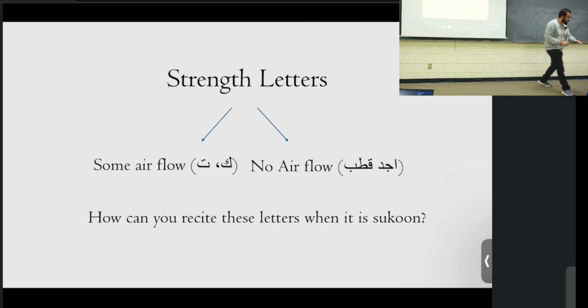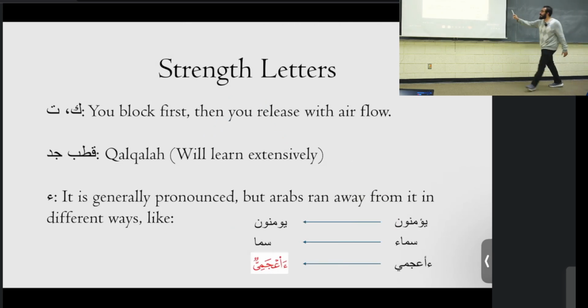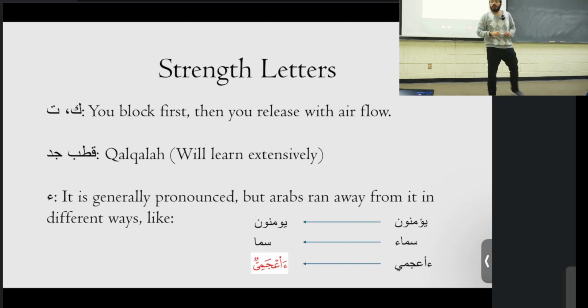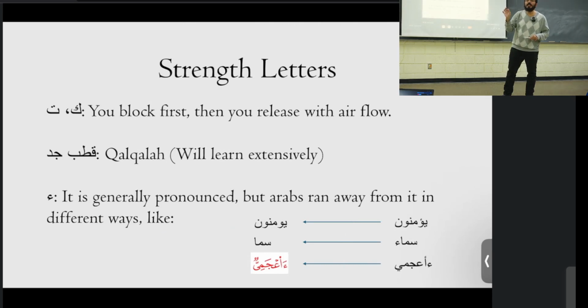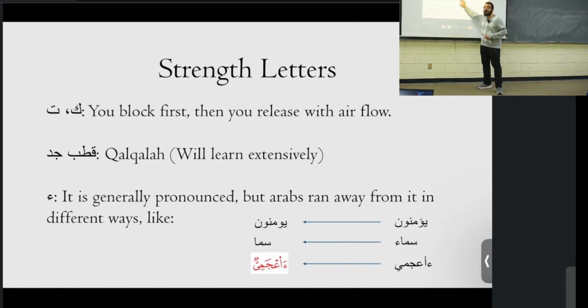Qalqala, right? Kaf and ta, you block the letter first, then you release it. Qutb jad, you do qalqala. So we say aqo, aqo, aj, ad, right? We do qalqala, and we're going to learn qalqala very extensively, but I'm just mentioning it here.